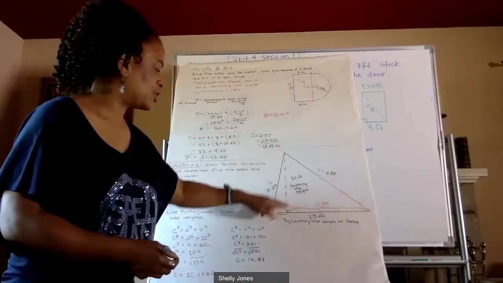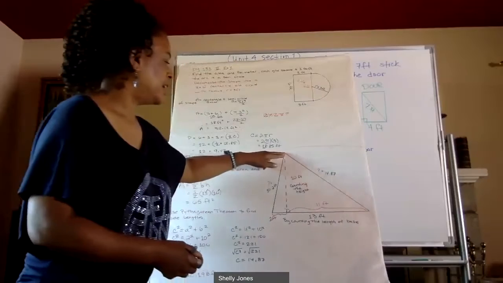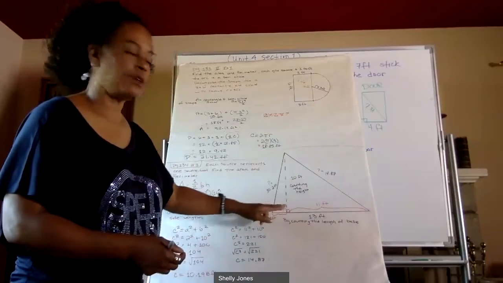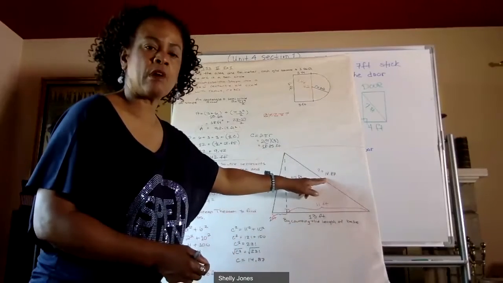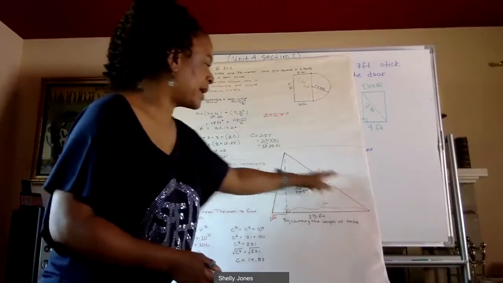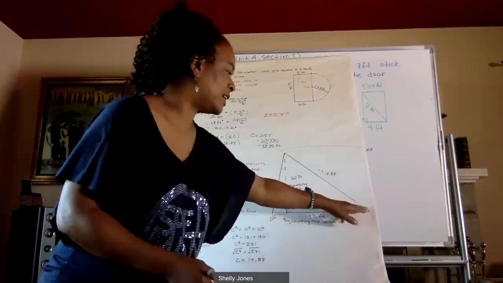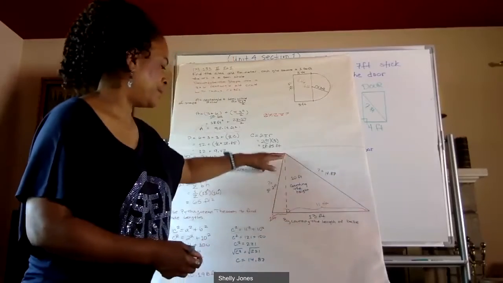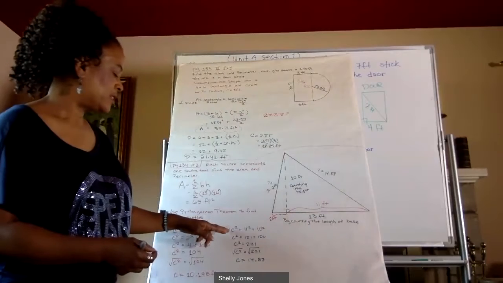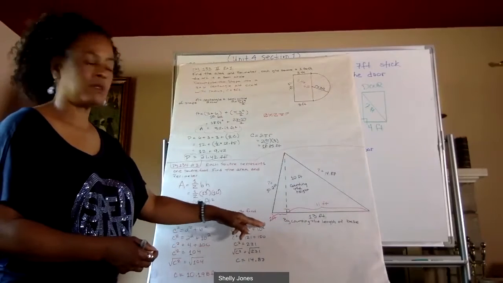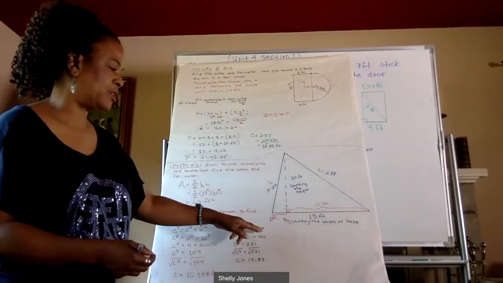Now I have to do the length of this leg. So now I have this triangle. And again, if this is my right angle, directly across from that or opposite that is my hypotenuse. So this is my C, my A, and my B. So here we go. C squared equals 11 squared plus 10 squared, A squared plus B squared, right?